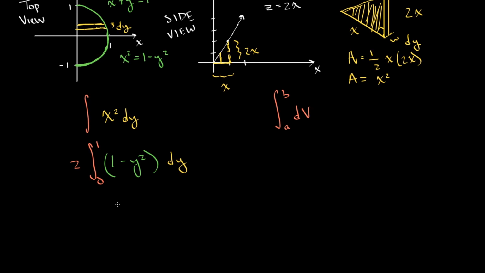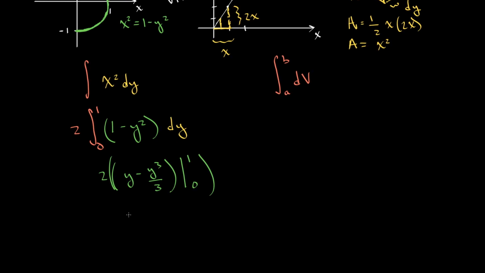Anti-differentiating, we are going to be left with 2 times y minus y cubed over 3, and then we are going to be evaluating this at 1 and 0. Evaluating this, we're going to have 1 minus 1/3, and then at 0, this whole thing becomes 0.